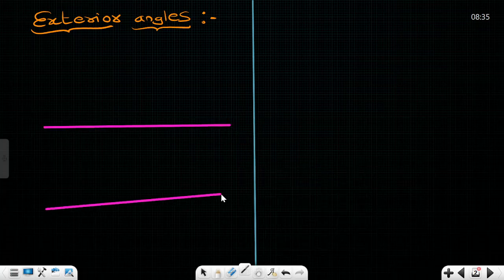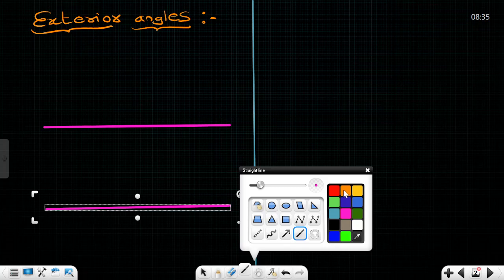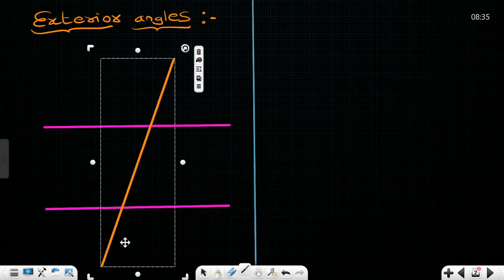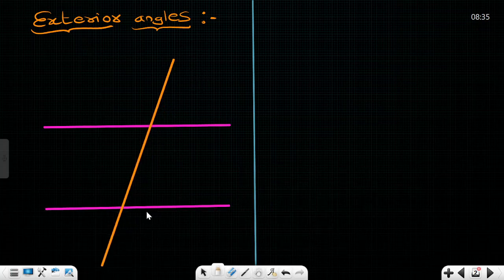So when you take two parallel lines and there is a transversal which is cutting it, so you see carefully the angles outside the parallel lines. So you can write it here: angles outside the parallel lines are called exterior angles.